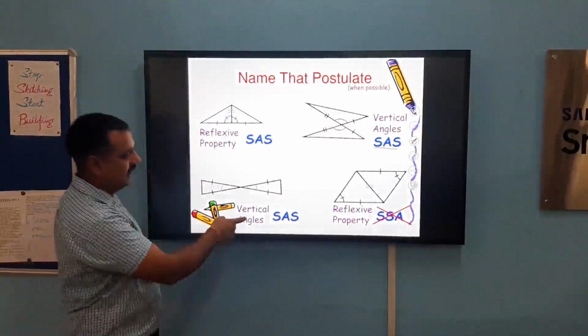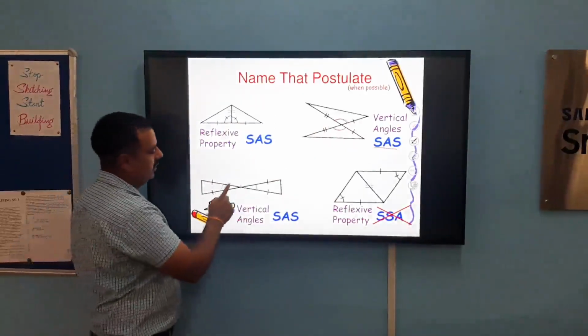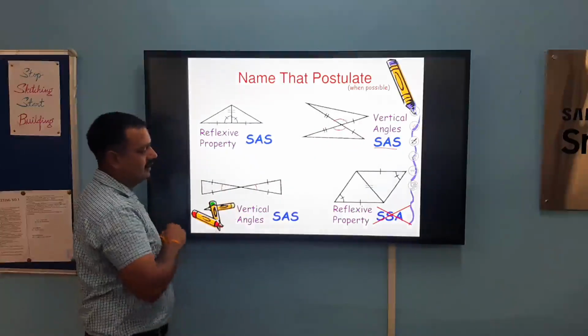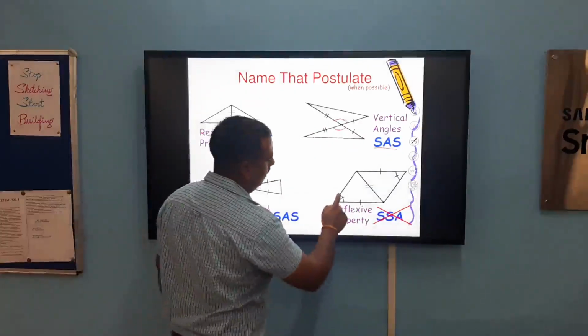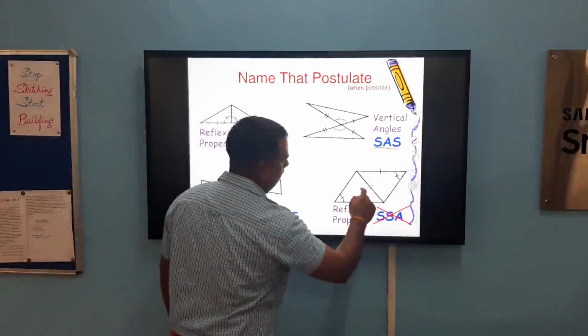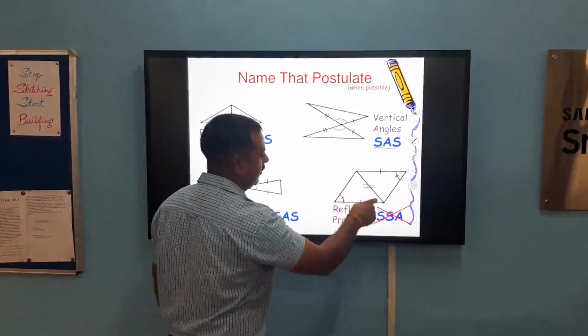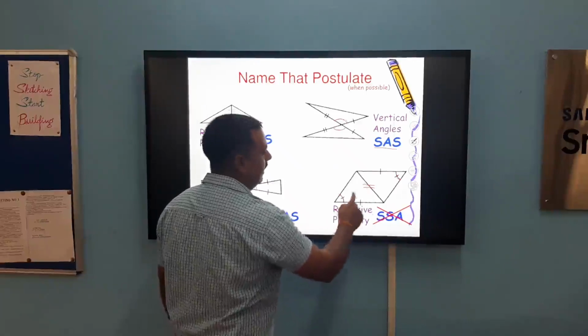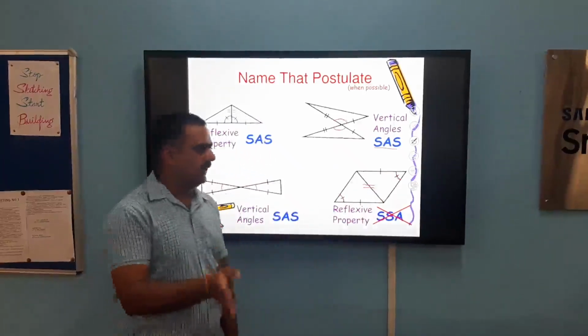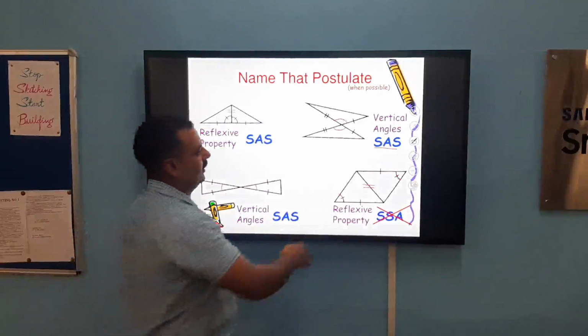Here vertically opposite angles are used. These are vertically opposite angles in these two triangles and they are equal. This side is common, which is the reflexive property, but the angle which is given is not included, so the triangles are not congruent.